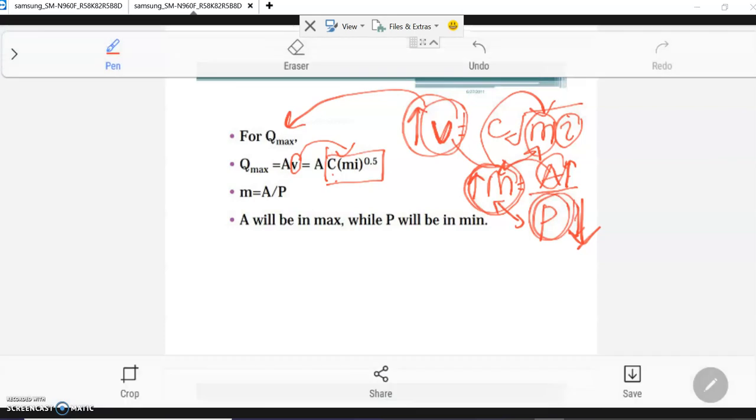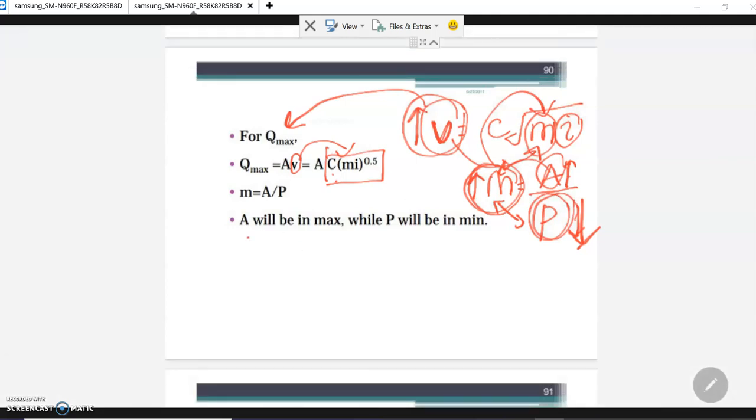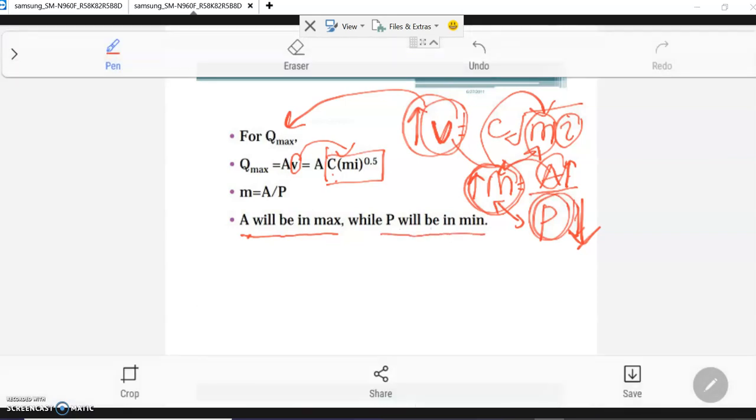So this is what it means that Q maximum will occur when the area is maximum while the wetted perimeter is at minimum.